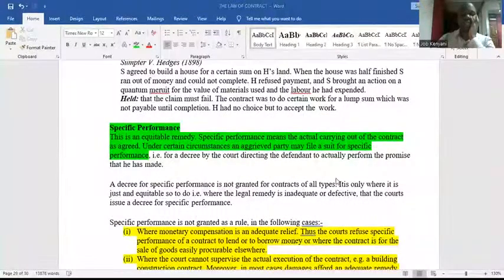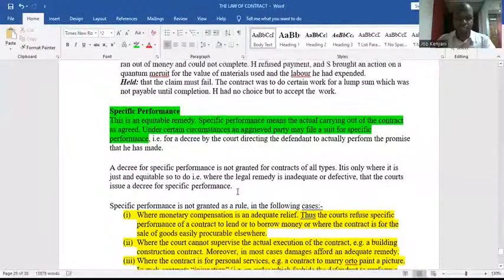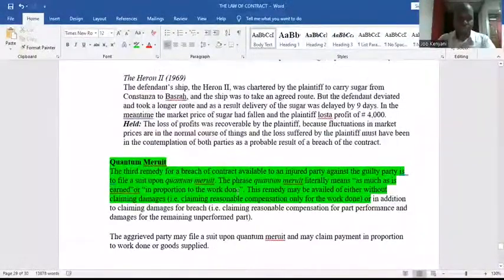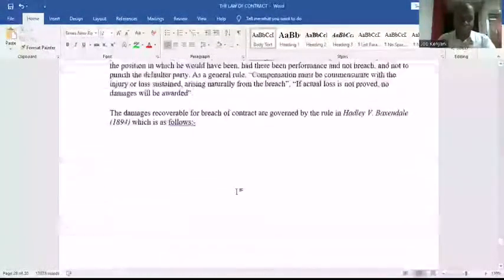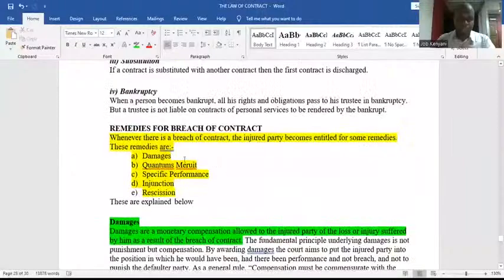So I can see Mary saying she's taking short notes. So what I do, let me just extract this particular area. Then I think I can share on the group. So remedies for breach of contract.